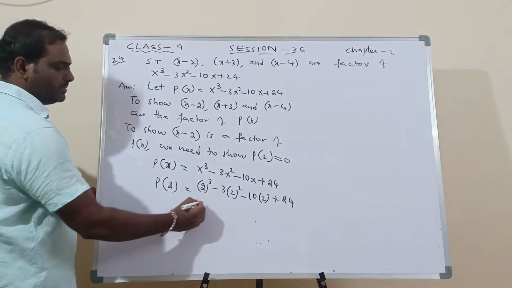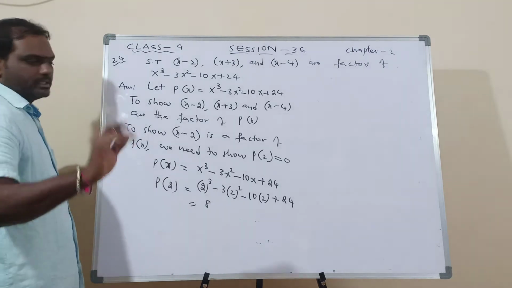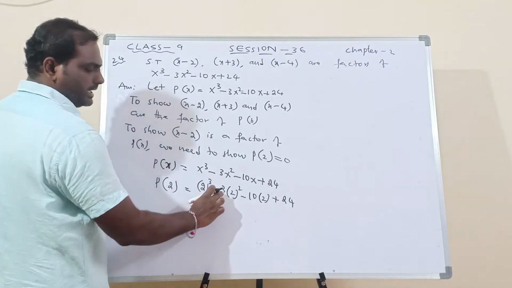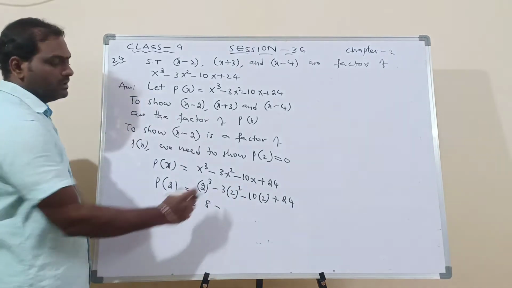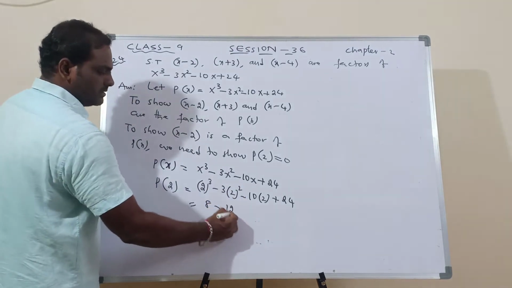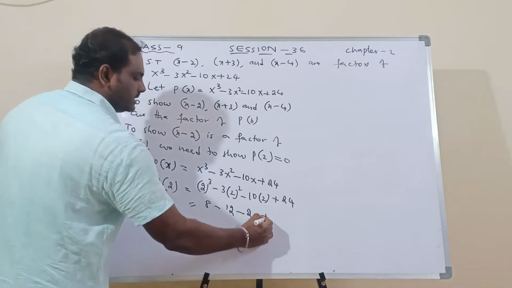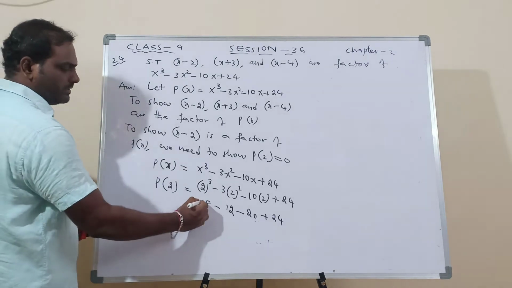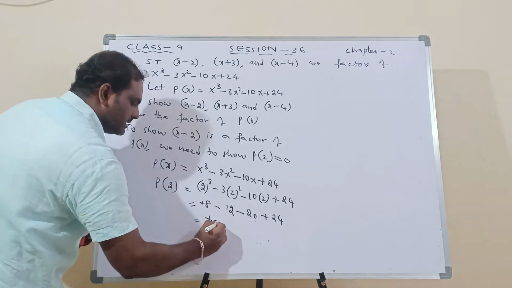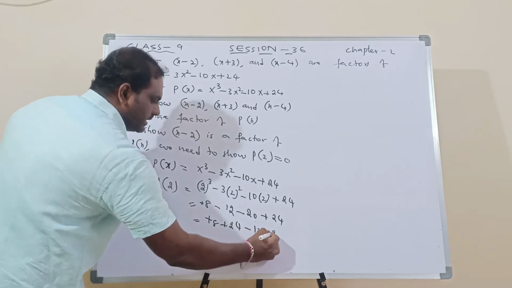What is 2 cube? It is 8, because 2 into 2 into 2. Minus 3 into 4, because 2 square is 4. 3 4s are 12, and minus 10 2s are 20, plus 24. So I'll write all the plus terms first: plus 8 plus 24 minus 12 minus 20.